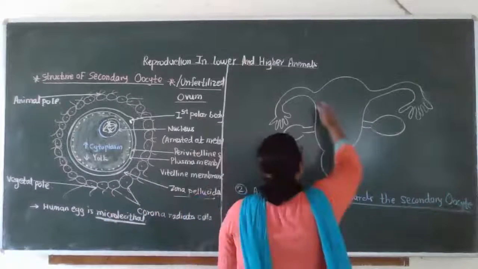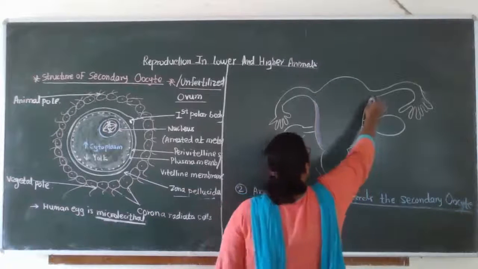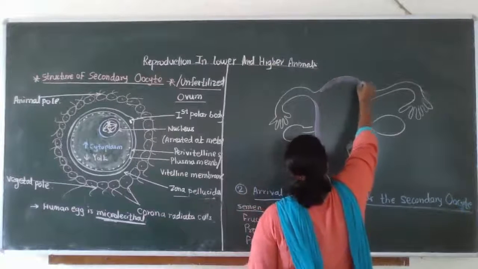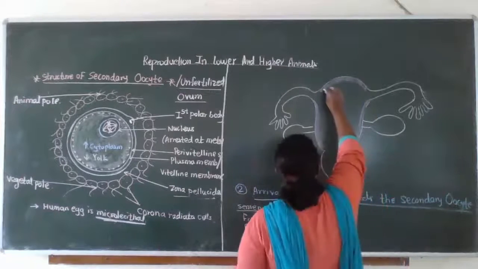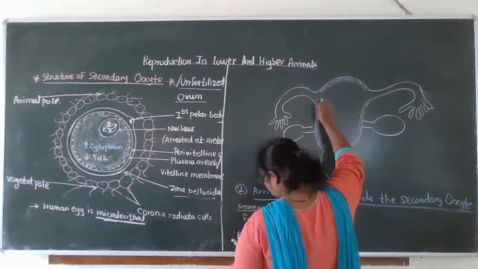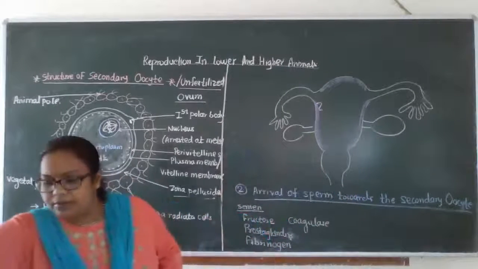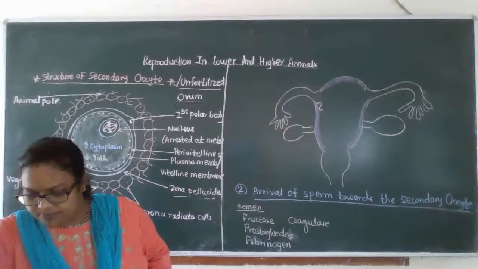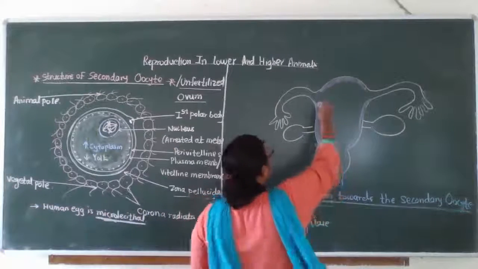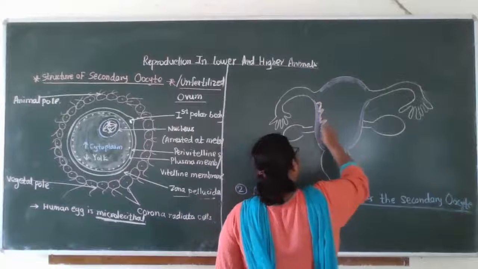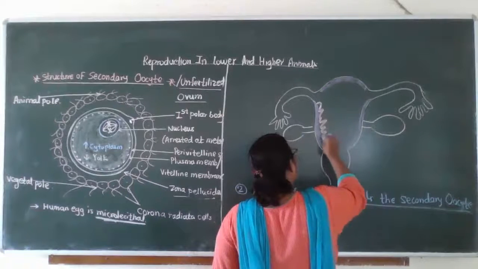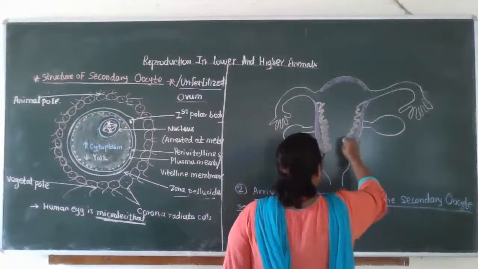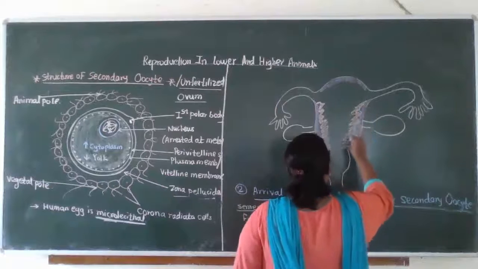This is the inner mucosal lining, the smooth muscle layer, the myometrium, and this is the thick, highly coiled endometrium I am drawing here.